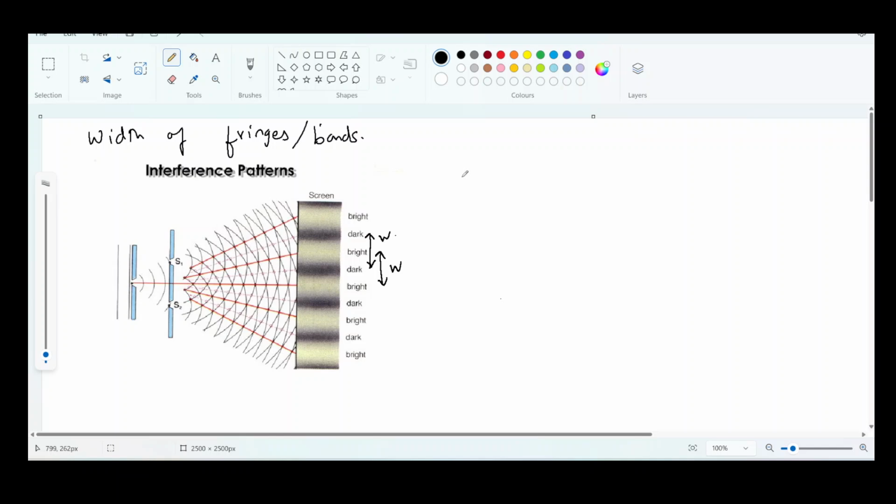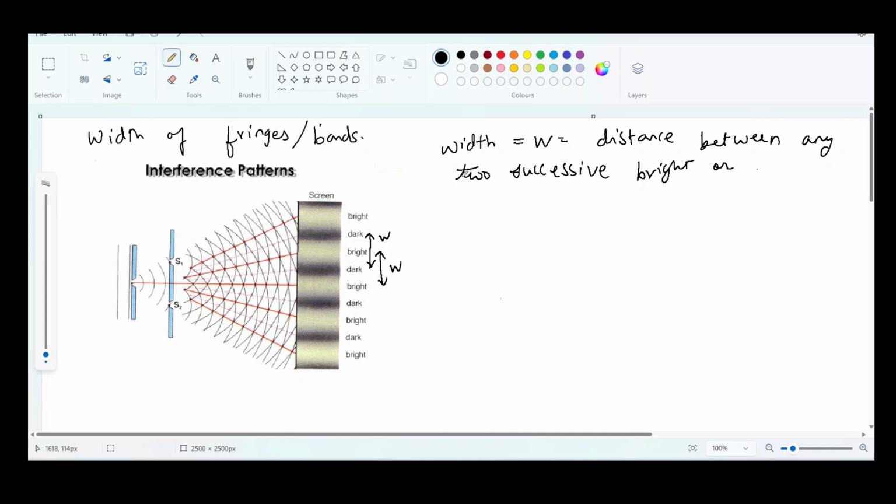Okay, width W is defined as distance between any two successive bright or dark bands. Successive means consecutive, just the next one. Okay, so to find W, what do we need to do?